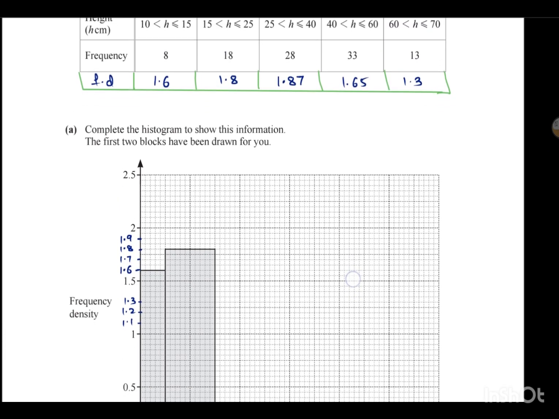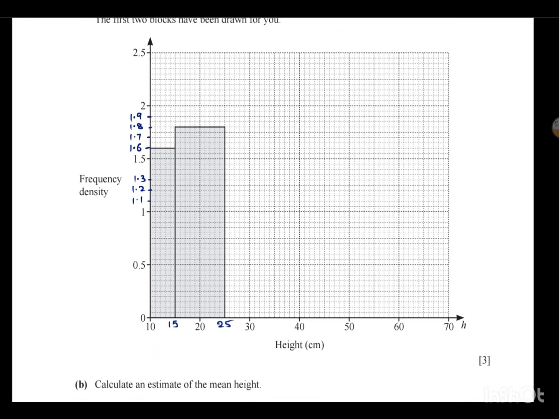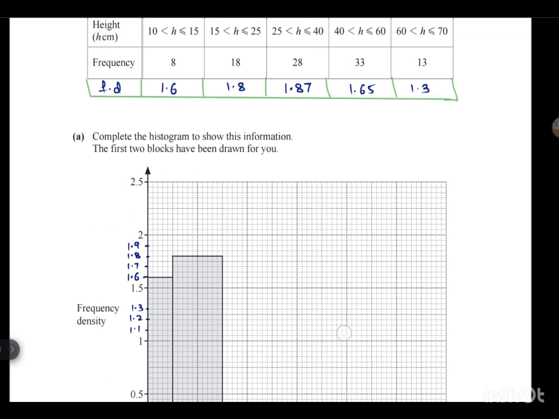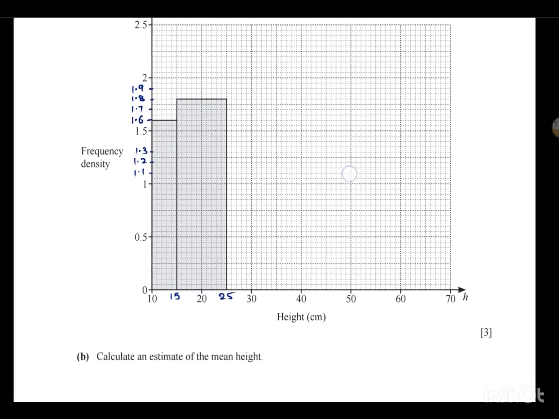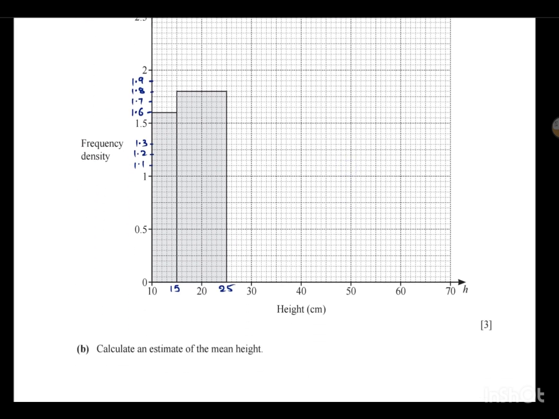The third class is 25 to 40, up to here, and it has a frequency density of 1.87. So 1.87 will be above 1.85. Let me draw. 1.85 is in between 1.8 and 1.9, so it will be somewhere here, till 40.